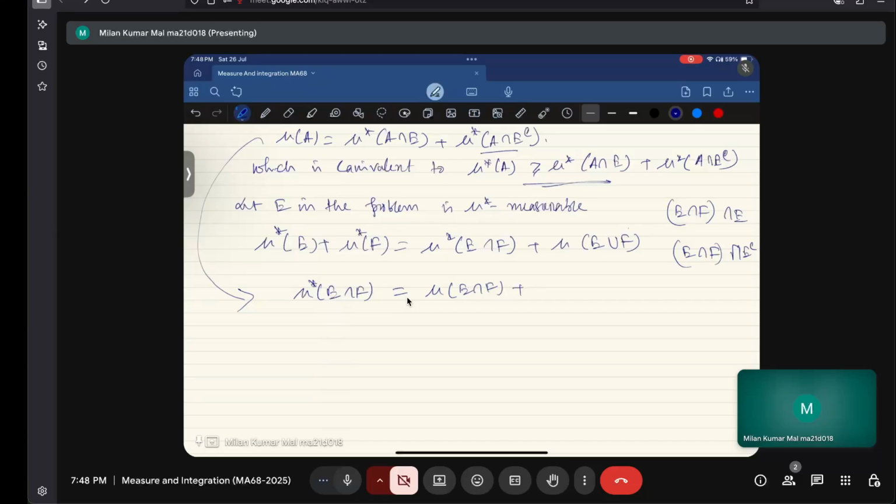So that is 0. So we are not getting anything here.